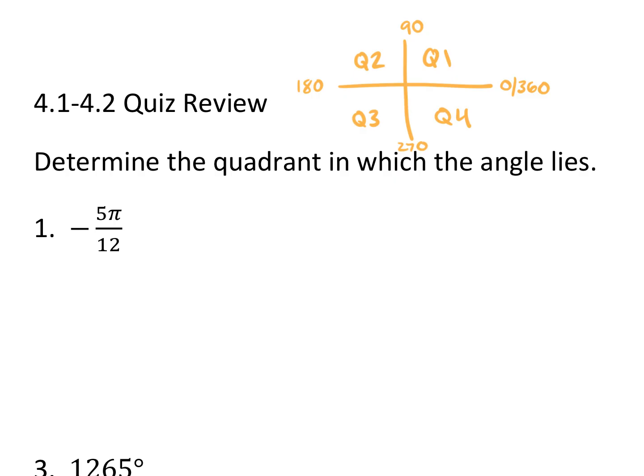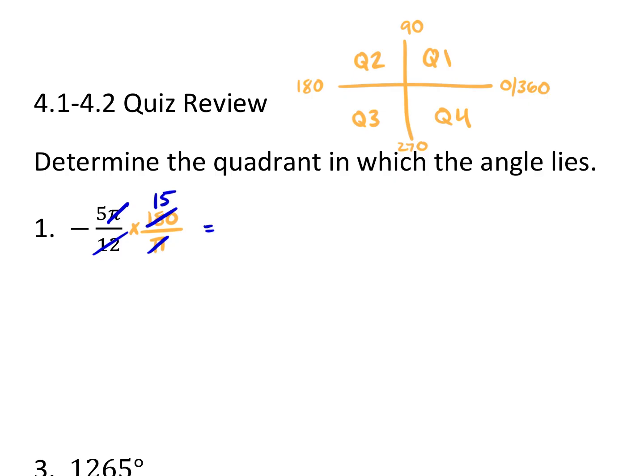So it might help us, if something's given to us in radians, to convert it to degrees to figure out where this would go. How would I convert to degrees? Awesome, multiply by 180 over pi. So the pi's cancel. 12 goes into 180 fifteen times.